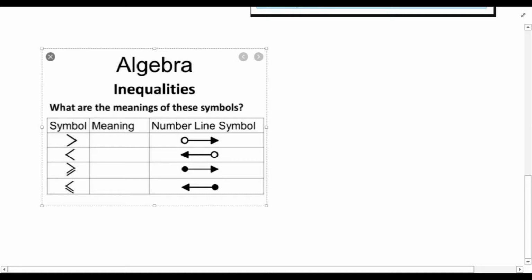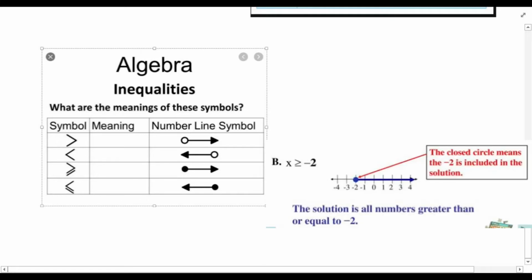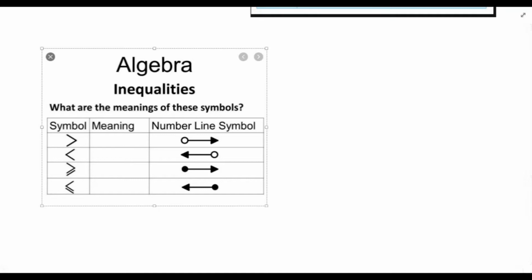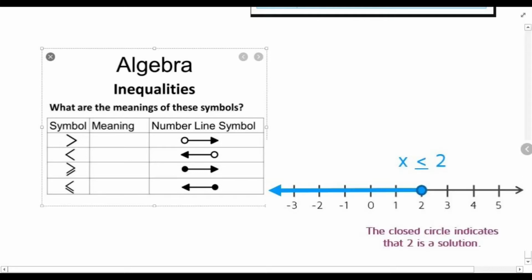Then the third one is greater than or equal to. The given value is included and it will increase infinitely to the right. And the last one is less than or equal to. The given value is included and it will decrease infinitely to the left.